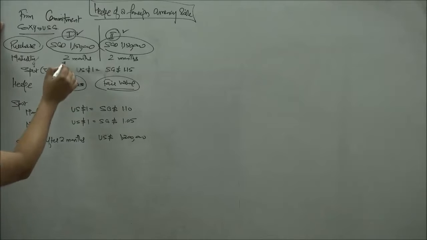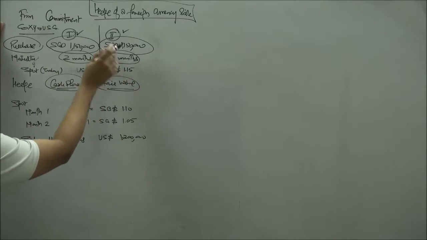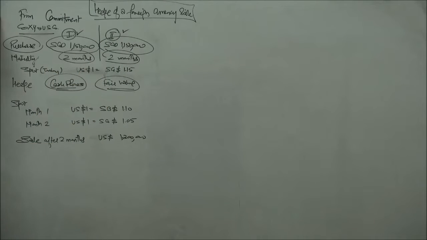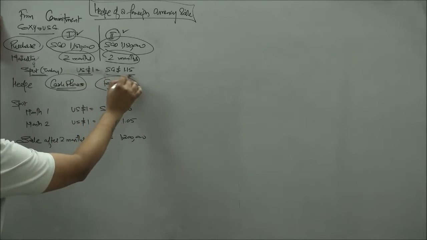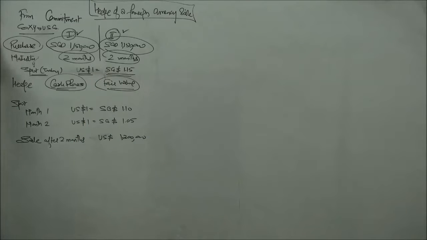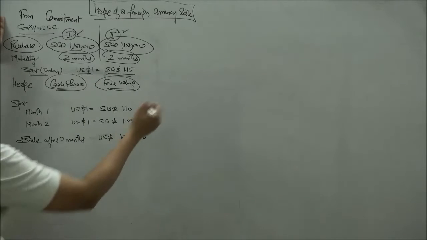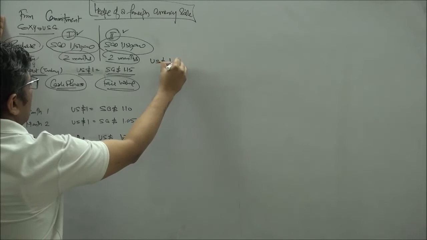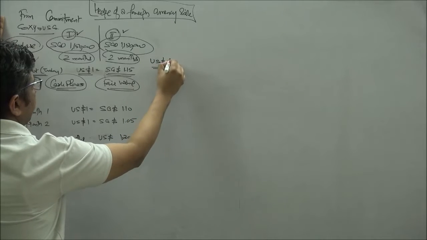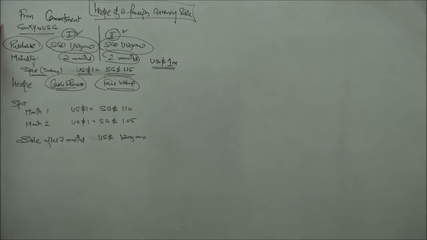The maturity is 2 months for both the first and the second commitment. The spot rate today is US dollar 1 equal to SG dollar 1.15. So primarily my exposure is of US dollar 1 million.